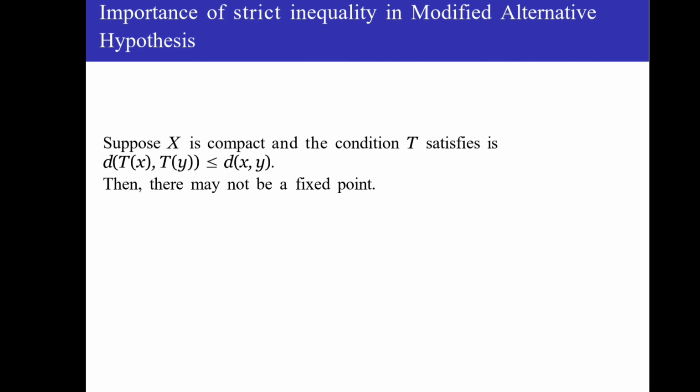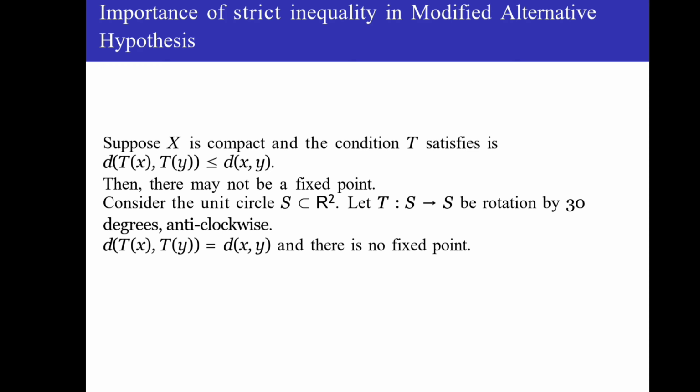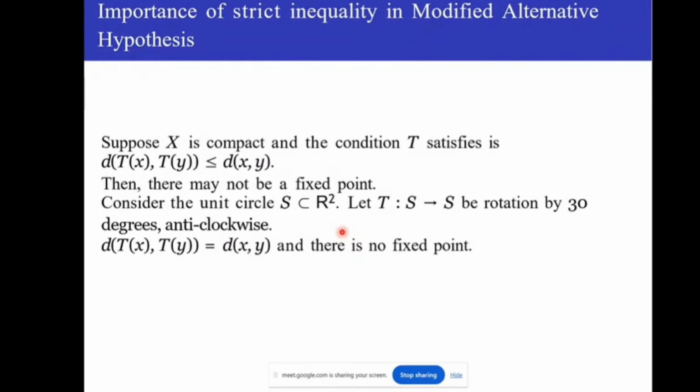So for example, consider a unit circle S, a subset of R2. Clearly the unit circle in R2 is a compact set. It is closed, bounded and it is a compact set. Now consider the map that is rotation by 30 degrees in the anti-clockwise direction. Here there is no change in distances, right?